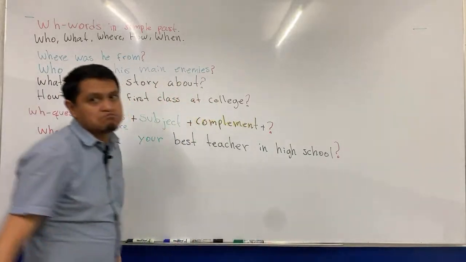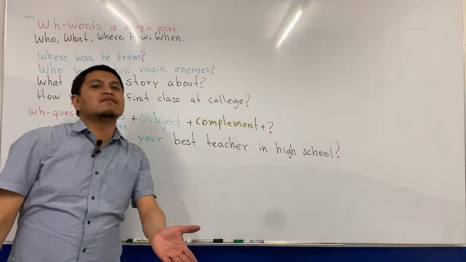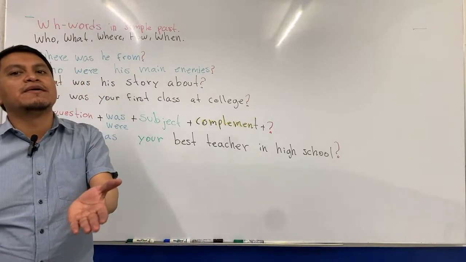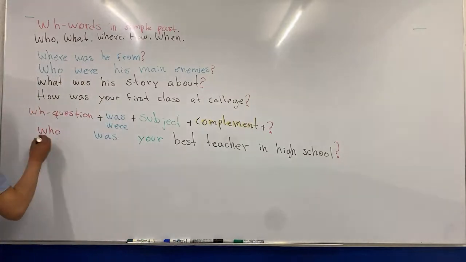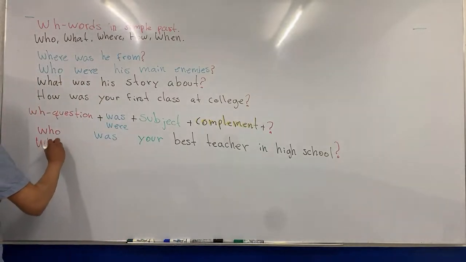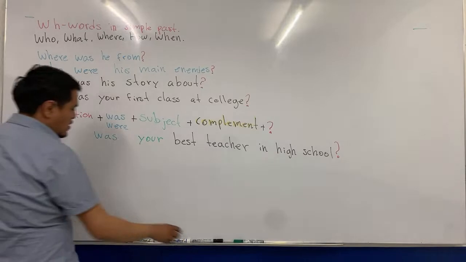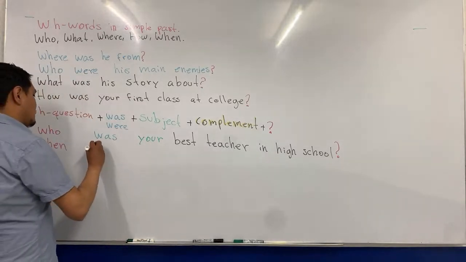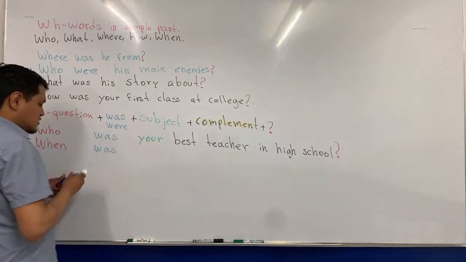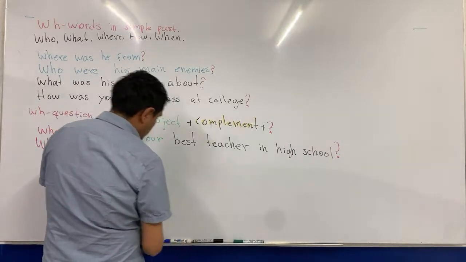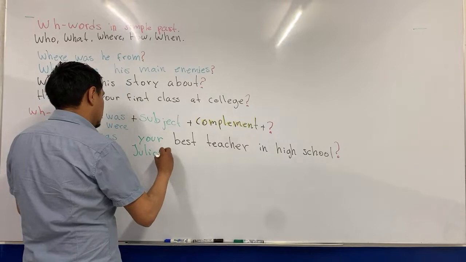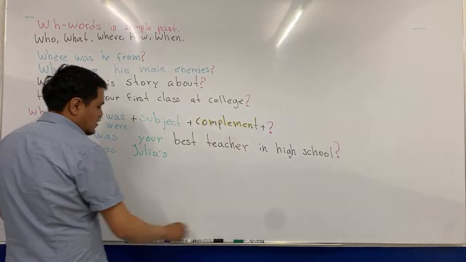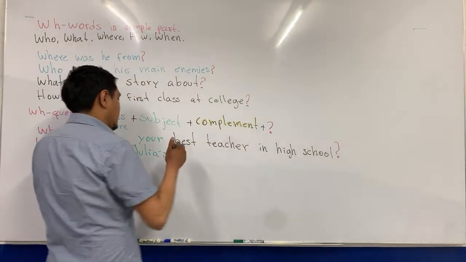Another example with this structure, maybe when was Julia's birthday? Repeat, when was Julia's birthday? Subject and complement, birthday.